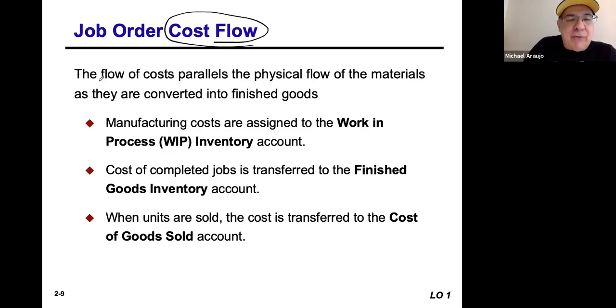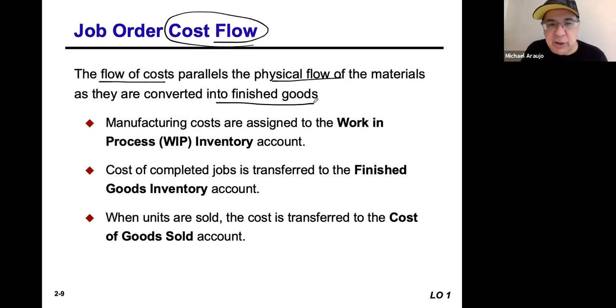Remember, the flow of costs here represents literally the physical flow of the materials that are used before they're converted into final goods. You can never forget what we just learned in the previous chapter, right?